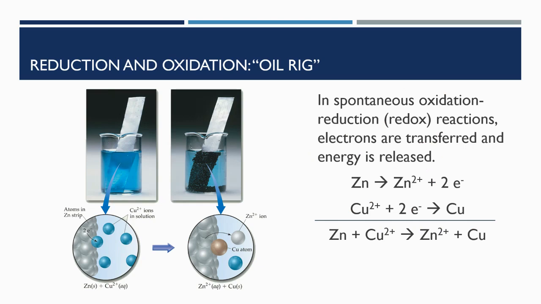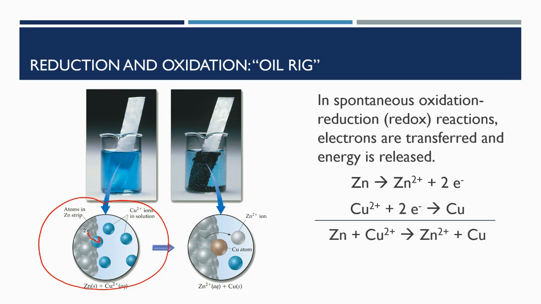If you put a piece of zinc metal into a solution of copper sulfate, you will see a reaction happen spontaneously. What happens is the zinc atoms will lose 2 electrons and go into solution to form zinc ions. And so in this diagram down here at the bottom, you will notice that the zinc atoms are in metallic form.